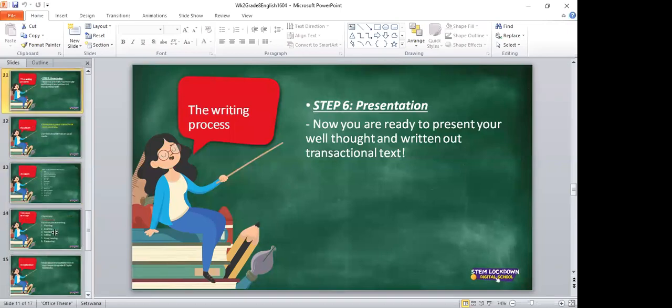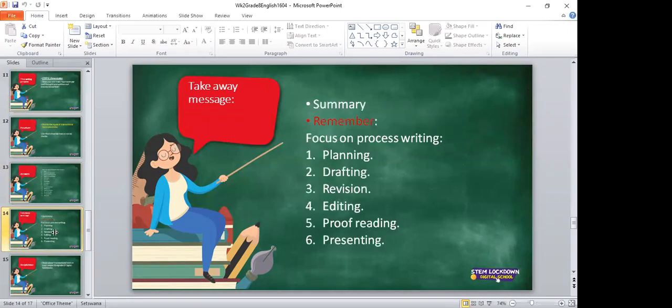So yeah, let's go back to the slide of the summary. These are the steps that we went through in today's lesson.